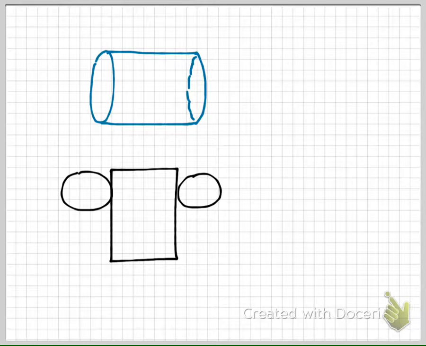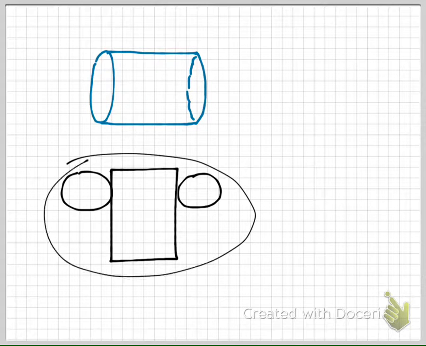You all recognize a cylinder, right? Top, bottom, and then this side makes a perfect rectangle, right? You agree? So that is what the net would look like.